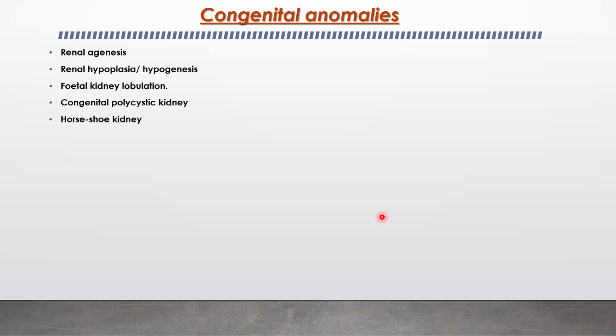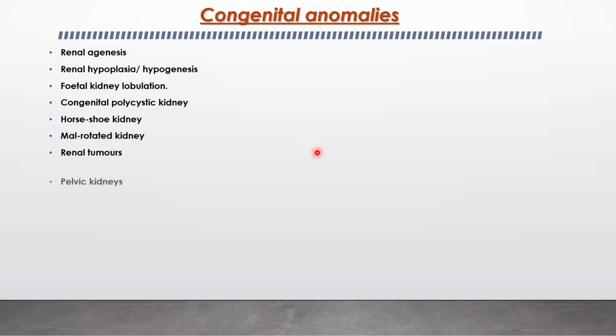Then you have horseshoe kidney, where you'll have the fusion of the inferior poles of the kidney. Malrotated kidney, so it didn't rotate to its normal point. Then we have renal tumors, majorly the two most common ones: Wilms tumor and renal cell carcinomas.